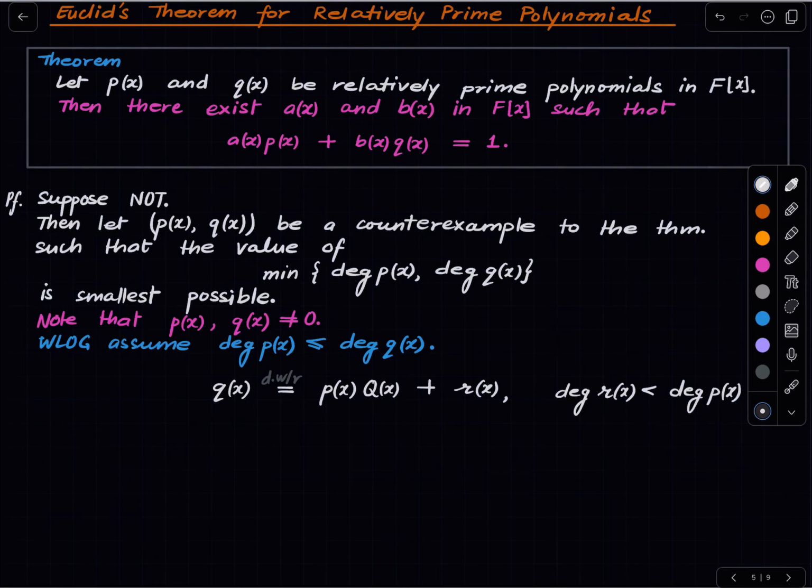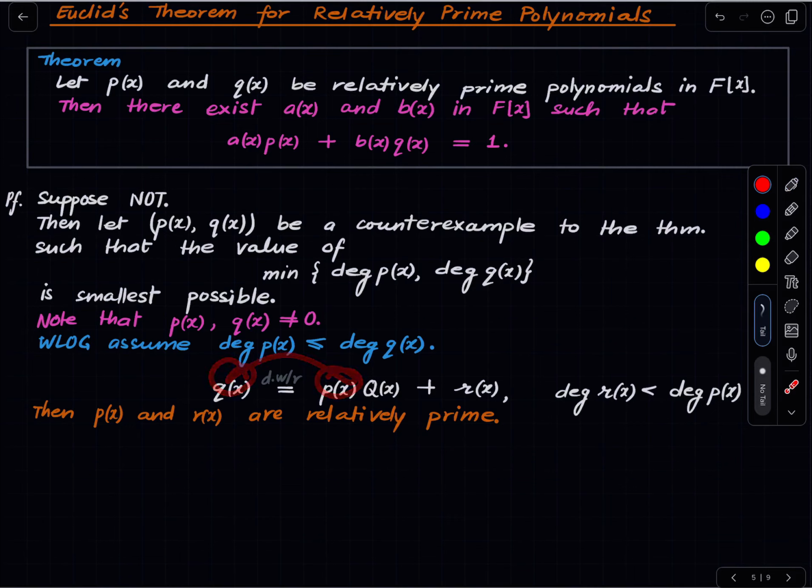Alright. And now, here is again a very important observation, if you will. Then p(x) and R(x) are relatively prime. And this is what we observed in the previous slide. If q(x) and p(x) are relatively prime, then p(x) and R(x) are relatively prime.